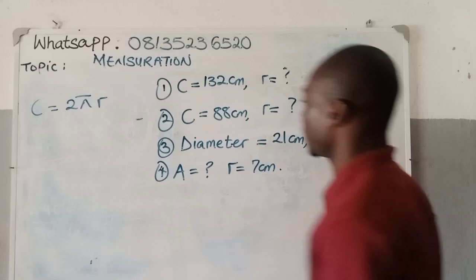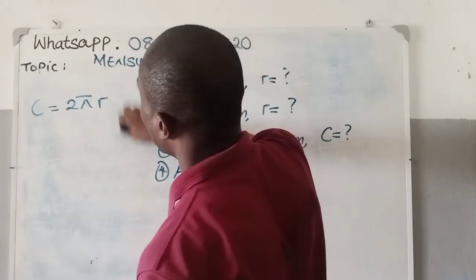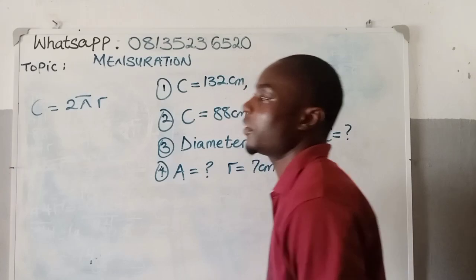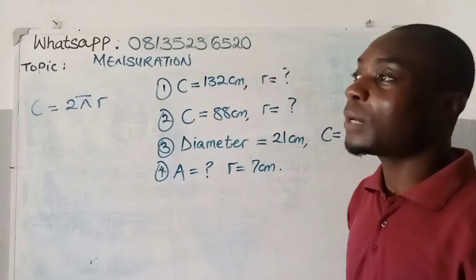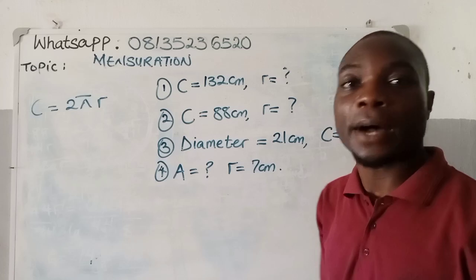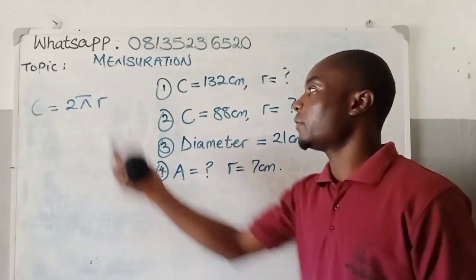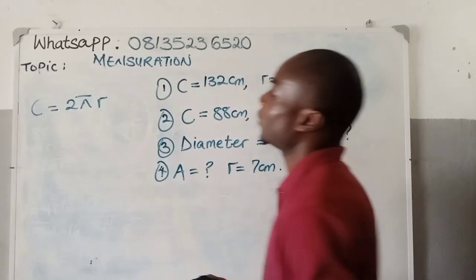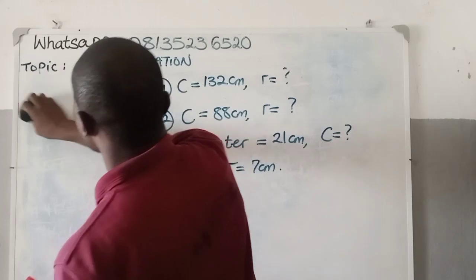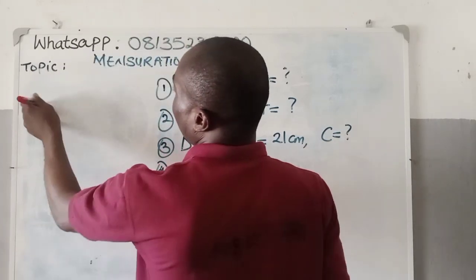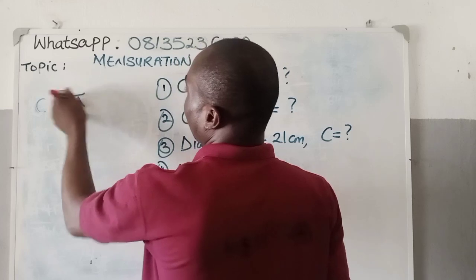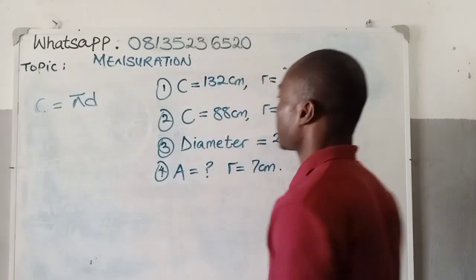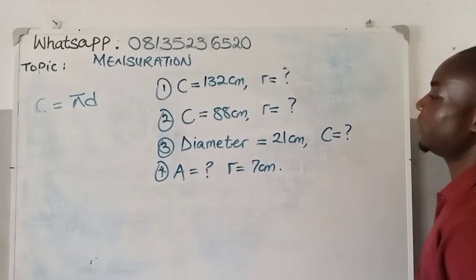So for us to find the circumference, we recall that the circumference of a circle is equal to 2 pi r, and another formula for finding circumference is pi d, that is, the value of pi multiplied by the diameter. So we can simply say our circumference is equal to pi times diameter.